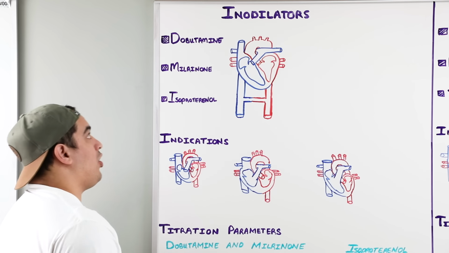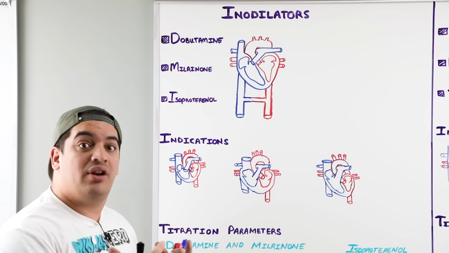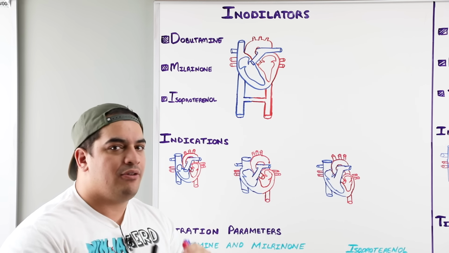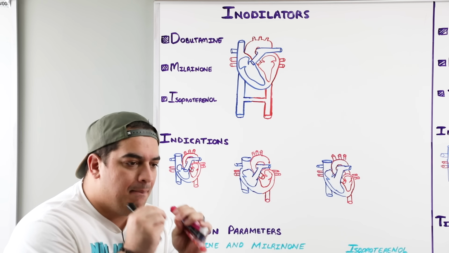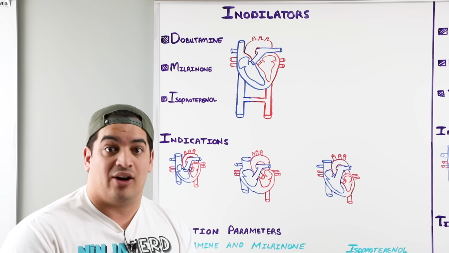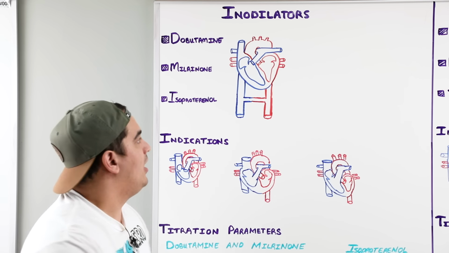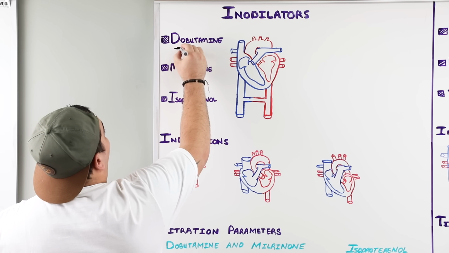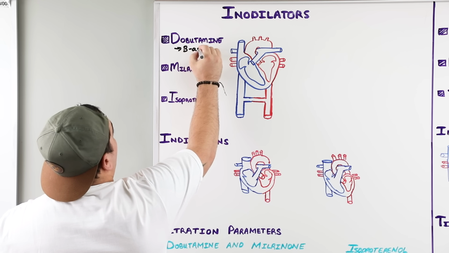So the first thing that I want to talk about is the drugs that are put into this group of inodilators. The first one is Dobutamine. What I want you to focus on is primarily just what is their primary receptor or enzyme that they're working on. Dobutamine primarily is a beta-agonist.